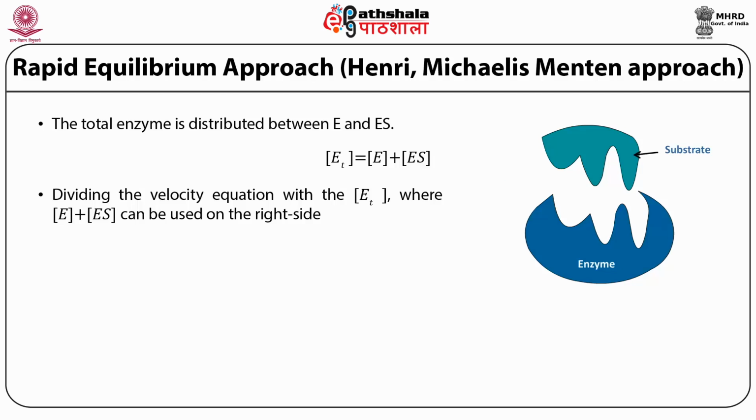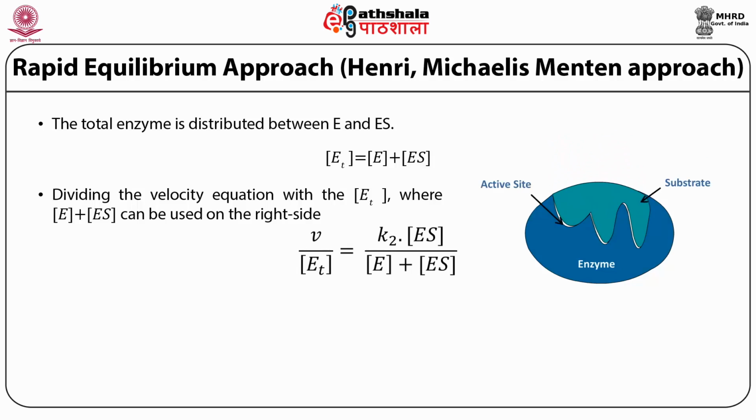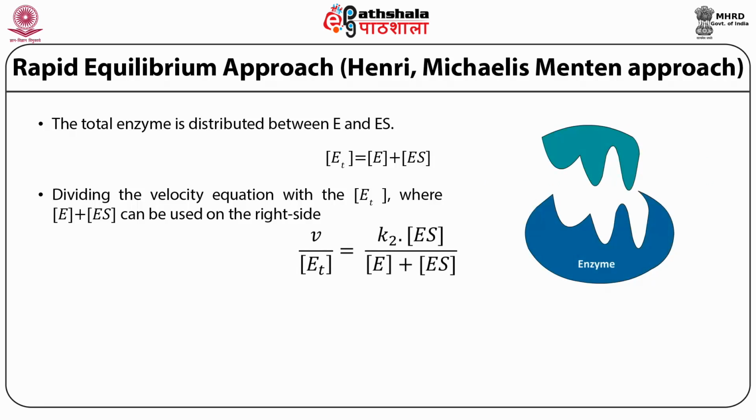So the equation becomes V upon ET is equal to K2 into ES divided by concentration of enzyme plus concentration of ES complex.